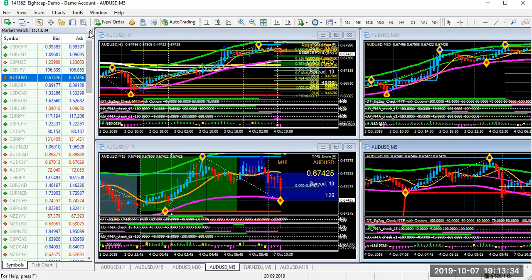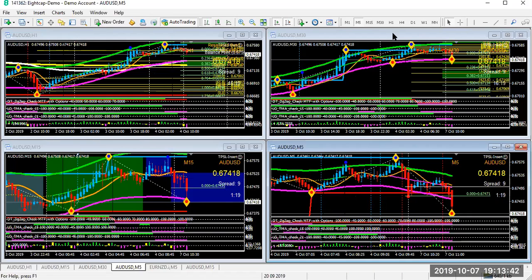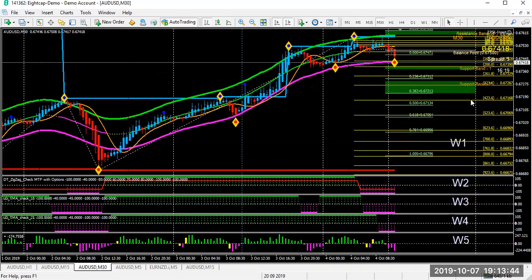All right, as you can see, having the multi-chart gives us a view of the M30: opposite riverbank, diamond, 161, the breakout. Just below that is that same support band, and we can see that there's a 200 level.